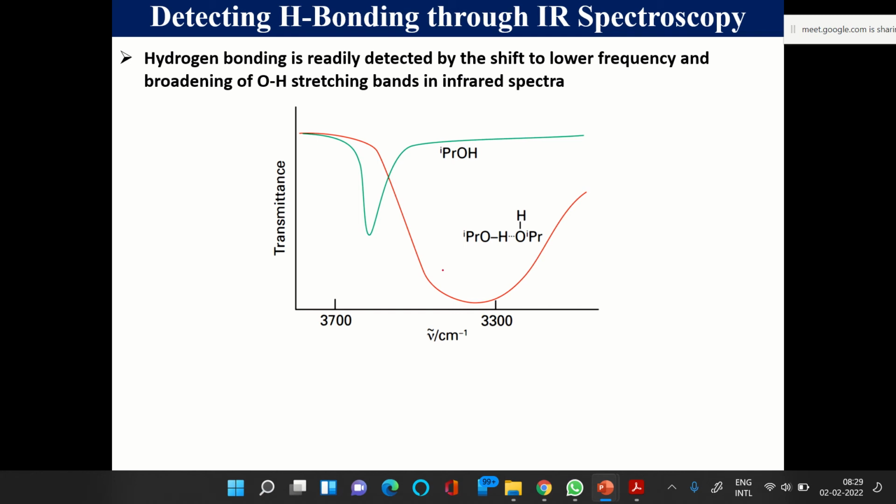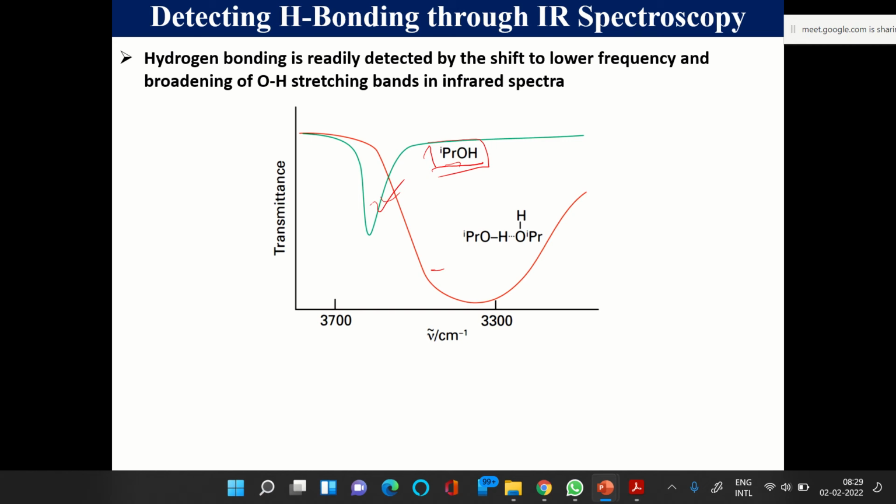So as compared to isolated, if you have a dilute solution of isopropyl alcohol taken in a suitable solvent, such that you are trying to keep them away from each other, आइसोप्रोपाइल अल्कोहल का एक एक मॉलिक्यूल अलग अलग आप रखने की कोशिश कर रहे हो, अगर ऐसा कर पाते हो देन यू विल ऑब्जर्व दिस काइंड ऑफ पीक, sharp peak for OH.